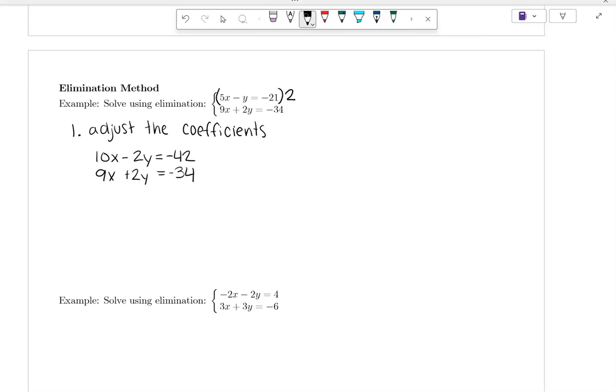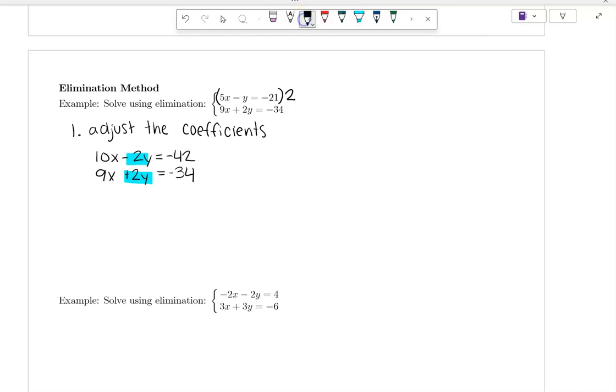Now what do you notice? Again, we're adjusting our coefficients so that one of our variables becomes the same thing so they can be eliminated. We're trying to eliminate a variable. So here, now I have negative 2y and positive 2y.